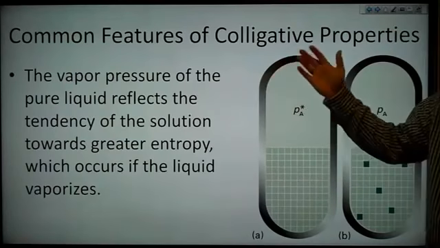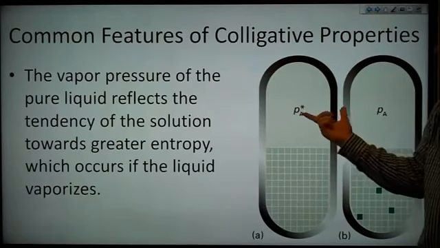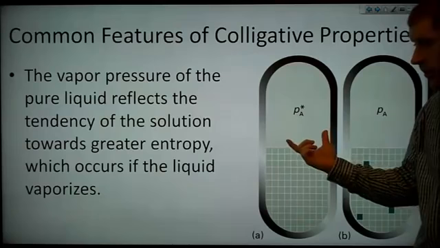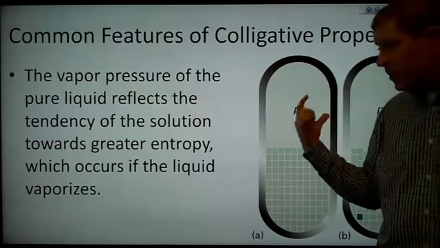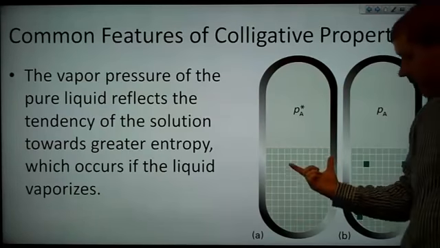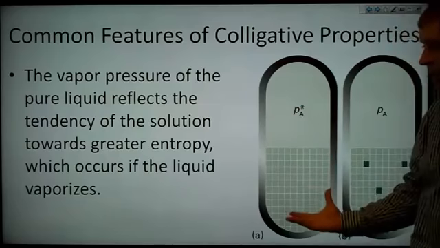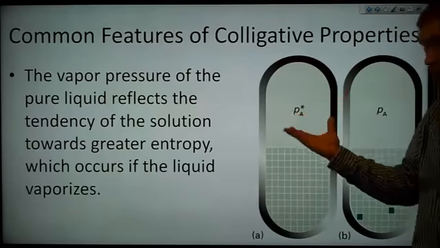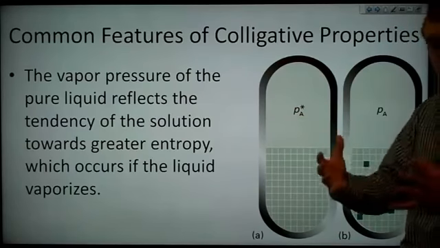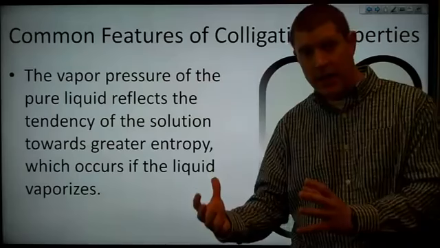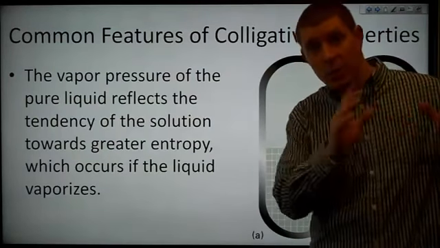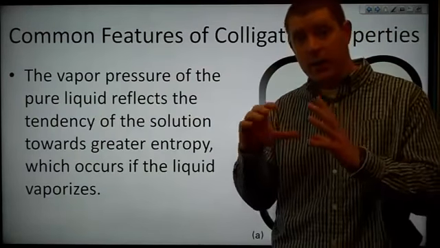So the vapor pressure of the pure liquid reflects the tendency of the solution towards greater entropy. And that occurs if the liquid vaporizes. Right? As we go from just liquid in our container to some vapor in there, we know that the entropy of a liquid is less than the entropy of a gas, but the entropy of the liquid is higher than the entropy of the solid.